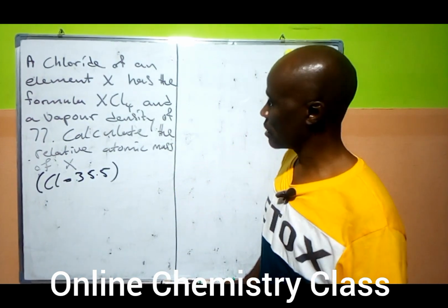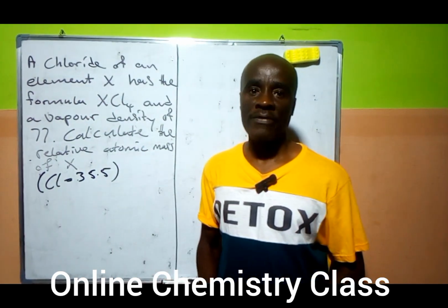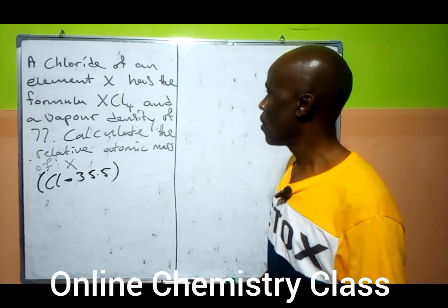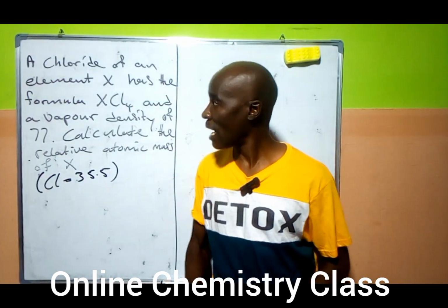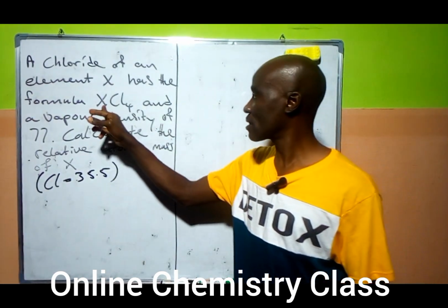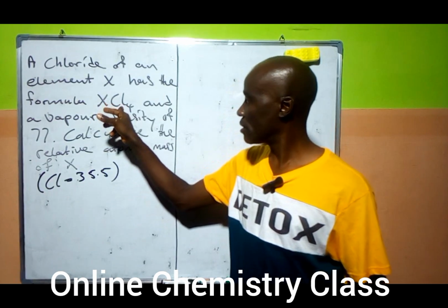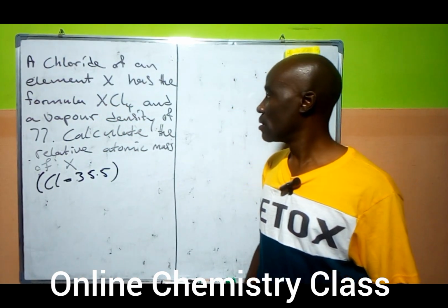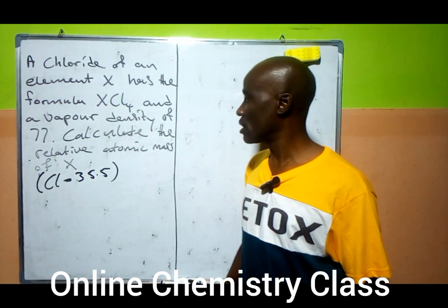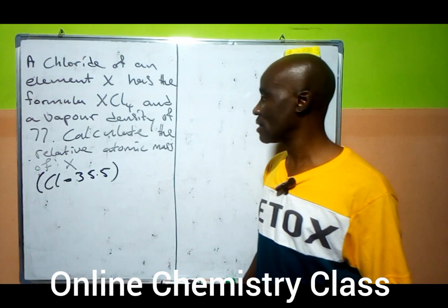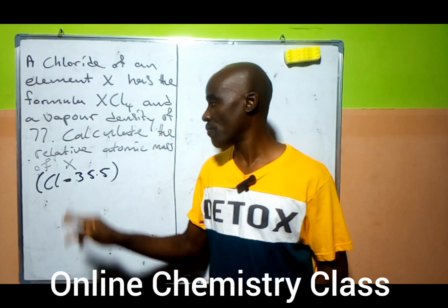Now, based on that, the question we have here says that a chloride of an element X has a formula XCl4 and a vapor density of 77. Calculate the relative atomic mass of X.